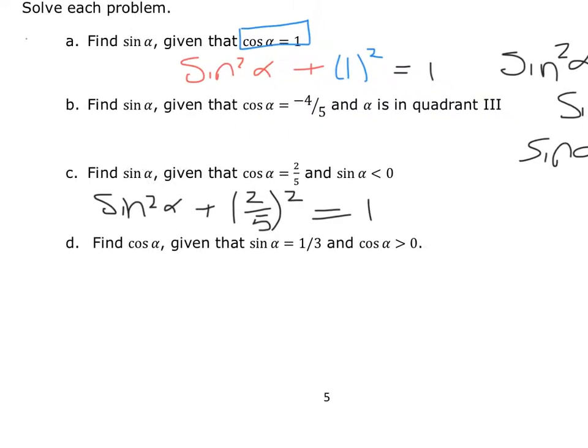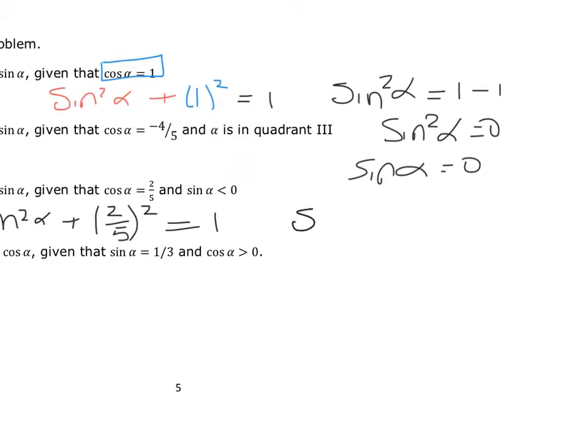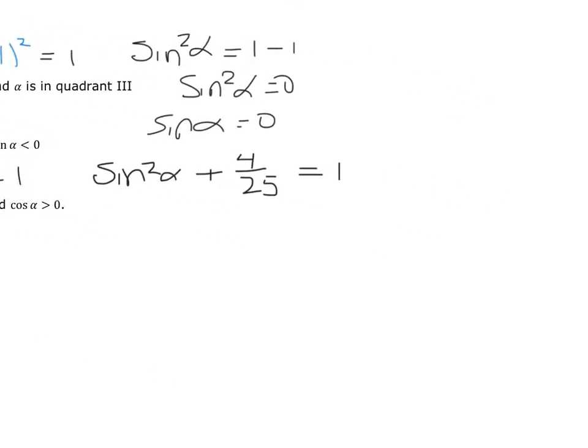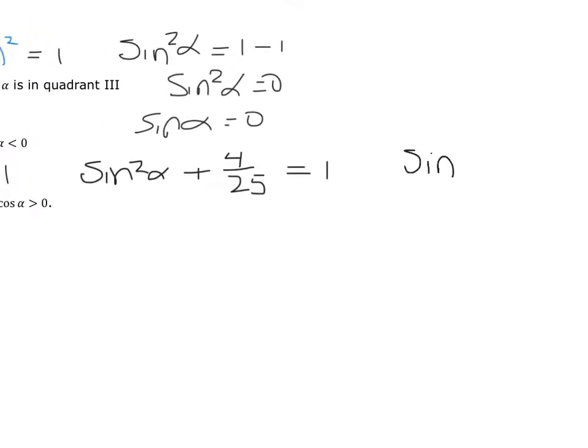So now I have the sine squared plus 4 over 25 is equal to 1. So the sine squared of alpha is equal to 1 minus 4 over 25.